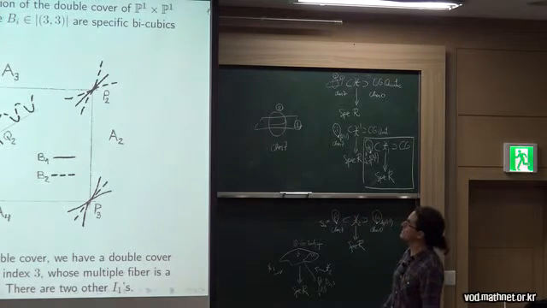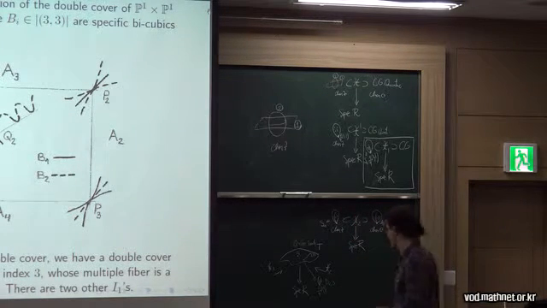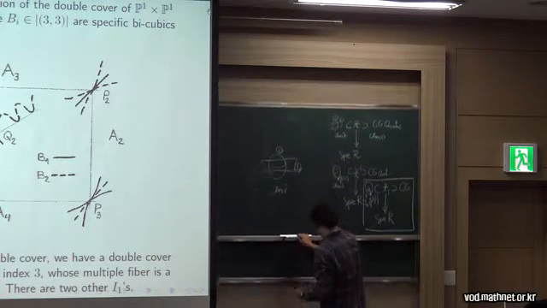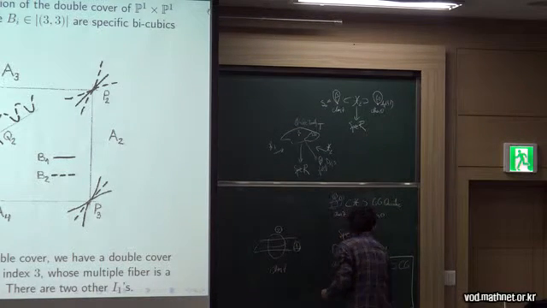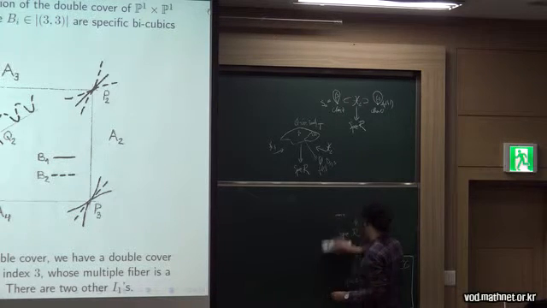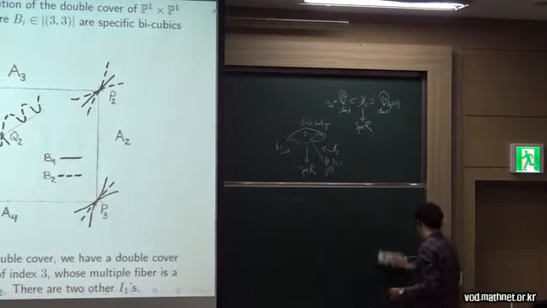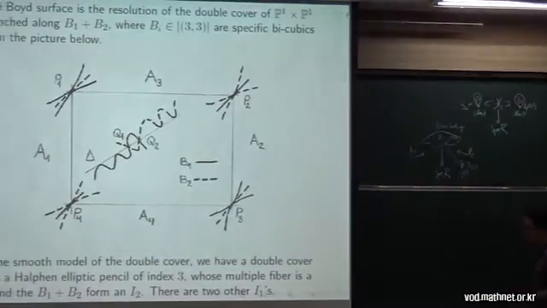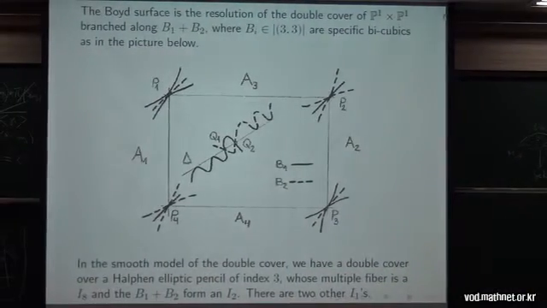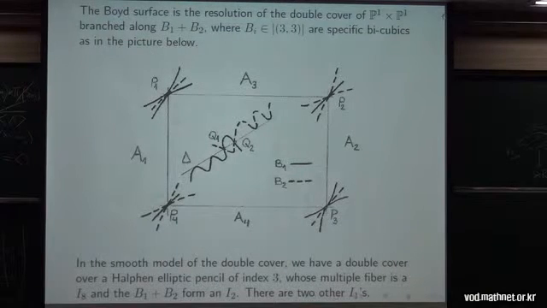And now I want to describe this Boy surface that is very particular, very special. So as I said, this Boy surface is a double cover of P1 cross P1. So here in the picture what you have is P1 cross P1.